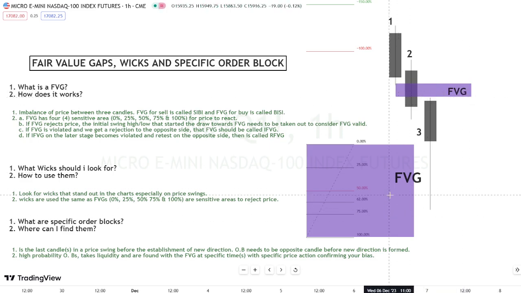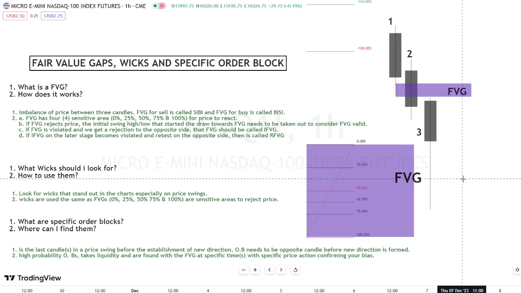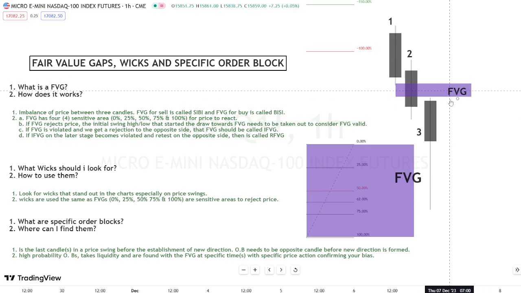It will be 25, 50, 75. So it can react either from 0 as it touches 25%, it can go 25% in and reject, 50% in and reject, 75, or it can close right at 100% and reject. That doesn't mean that the fair value gap is going to materialize. It depends on the fair value gap, what type of fair value gap you have at that point. Please guys, follow on this one.